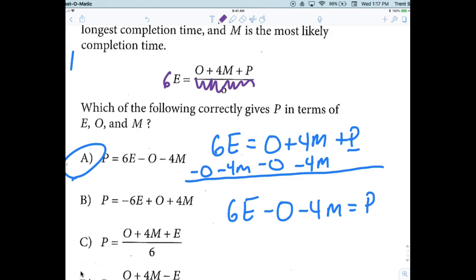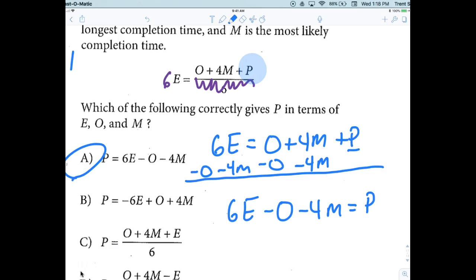And I'm solving for what letter? It says I'm solving for p. So now I just have to move the other two variables over. So if I have an o, on the other side it's going to be a what? Minus o. I have a 4m, so on the other side it's going to be a minus 4m.